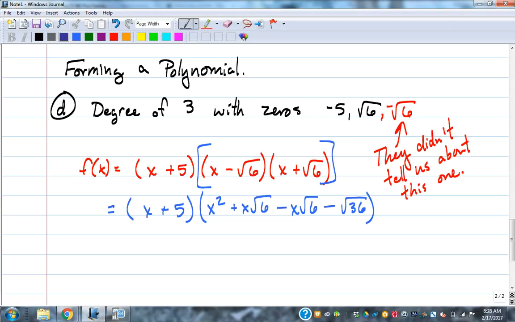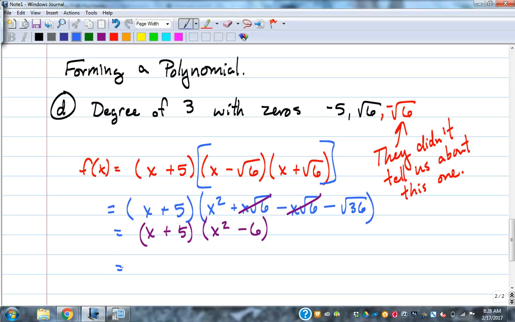That gets that part. Then you want to simplify that. Well, what happens to the radical 6 stuff in the middle? They cancel each other out. That's great. What's the square root of 36? 6. So that ends up being x squared minus 6 times x plus 5, which is really not that bad.